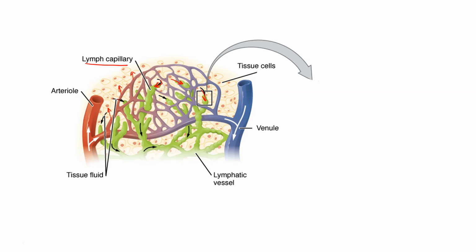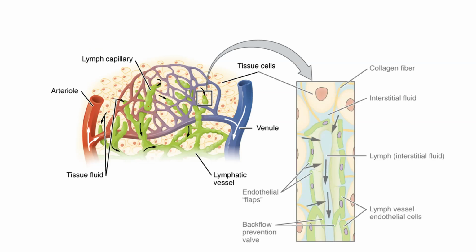Once the interstitial fluid is inside the lymphatic vessels, we call it lymph. Lymph is very similar to interstitial fluid, and very similar to blood plasma, the fluid inside of blood, with a couple of exceptions. When you hear the word lymph, that's what it is: fluid that's left the cardiovascular system and has been taken up by the lymphatic system.